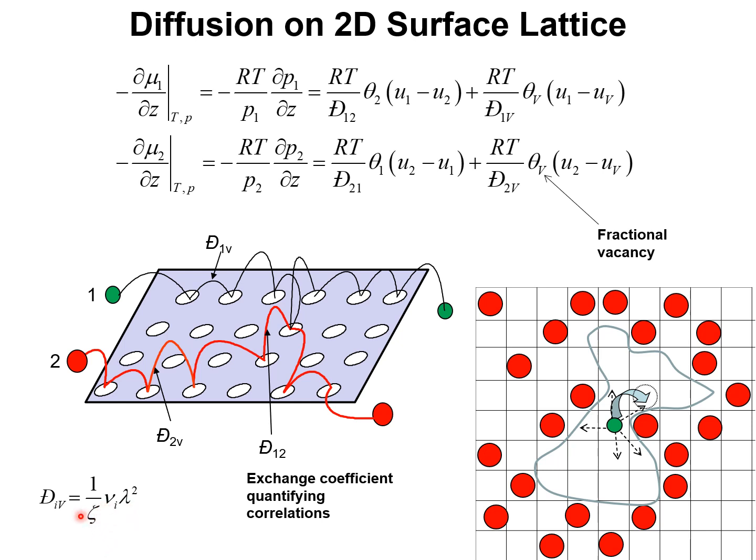This quantity here, zeta, is the coordination number. For a two-dimensional square lattice, the coordination number zeta equals 4. We note that each of the components can move from one adsorption site to the other.